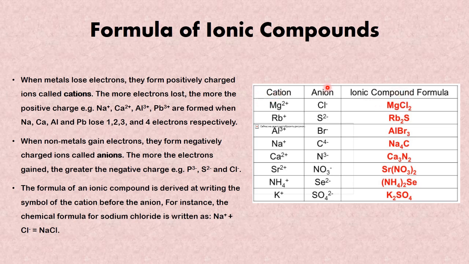You can see the cation and the anion here. Once they join together, it will give us magnesium chloride, as we have it here. You have rubidium and sulfur, which will give us rubidium sulfide. We have aluminium and bromine ions, which will give us aluminium bromide, and it goes on and on like that.